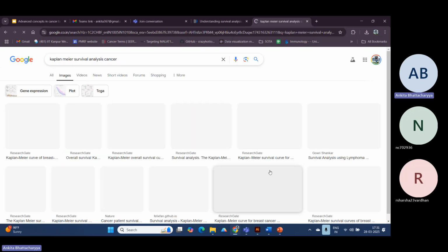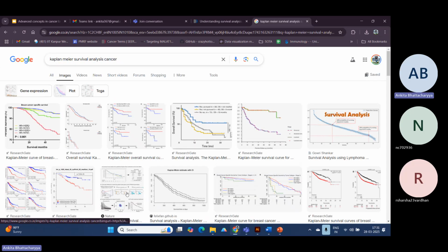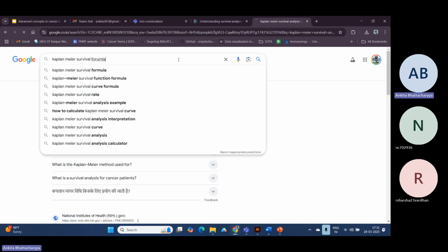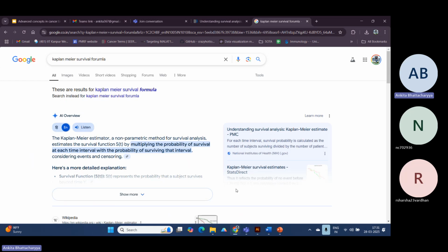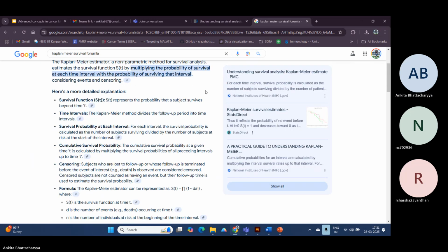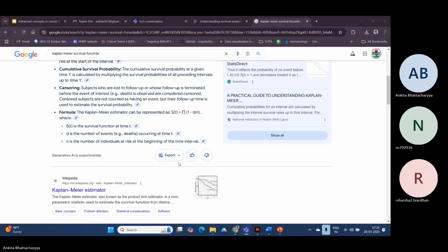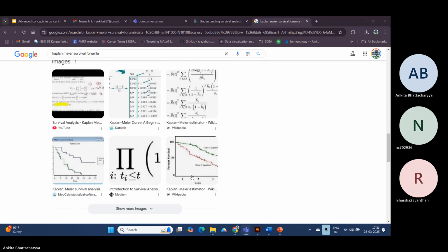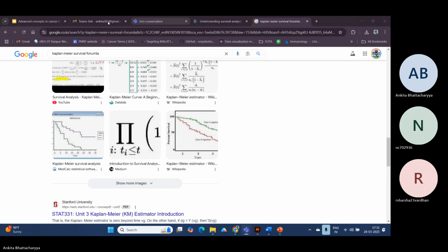I'm looking for a clean example for you to understand, but I don't think it's very clearly mentioned. Let me get you the formula at least. Basically, this is what is done.